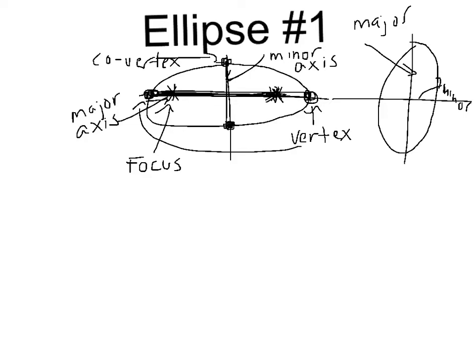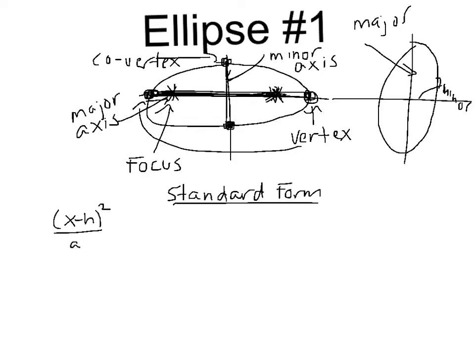So looking at the standard form equation of this ellipse, and then we'll get into graphing one so you can see really what all these parts do. We have 2 different standard forms. We have x minus h squared over a squared plus y minus k squared over b squared equals 1.